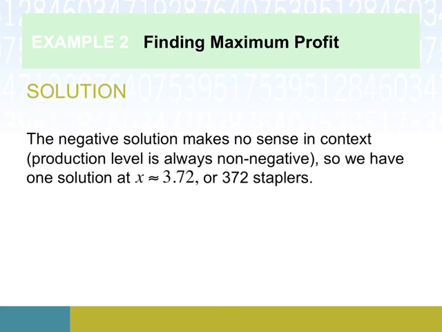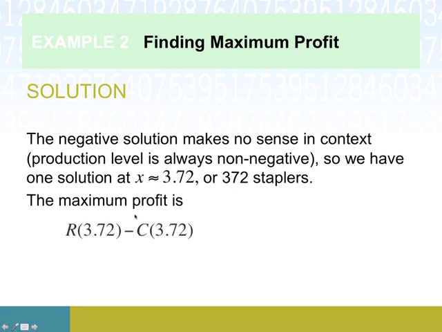But of course, x is number of units sold, so having negative 4 point something staplers made doesn't really make much sense. So we will take the positive solution, x equals 3.72. And then reminding ourselves about units, x was in hundreds of staplers, so this is actually 372 to the nearest whole number at least. Okay, so that's our input. That's the number of staplers we should produce.